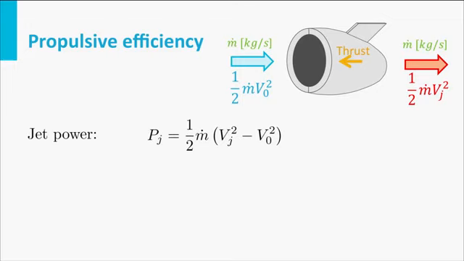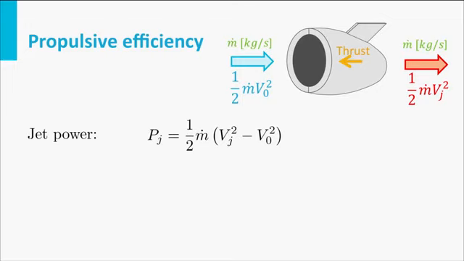We call this the jet power. So it's the amount of power that it takes to accelerate this jet. And that's, of course, if the engine is very efficient. There are also all kinds of mechanical effects in the engine. But this is the net amount of energy that goes into the jet to accelerate it: the kinetic energy at the end minus what it already had when it entered the engine.